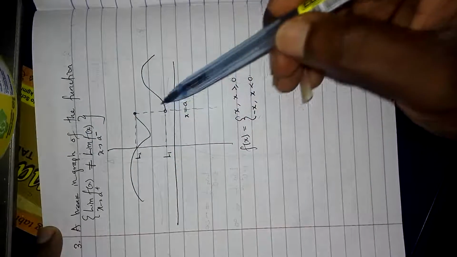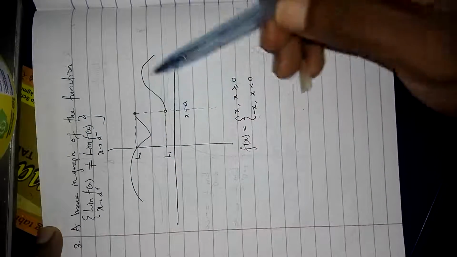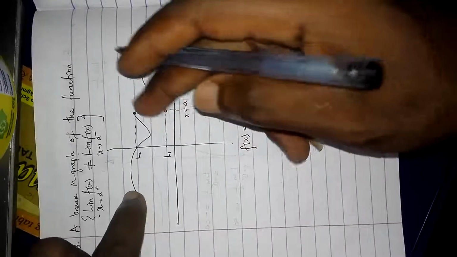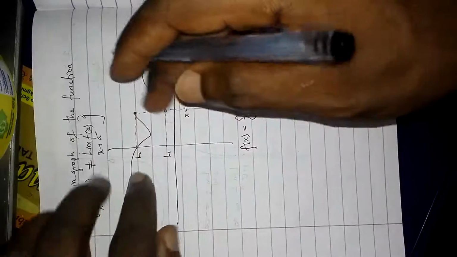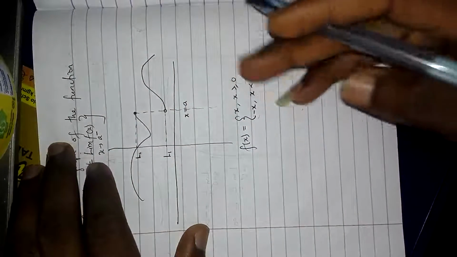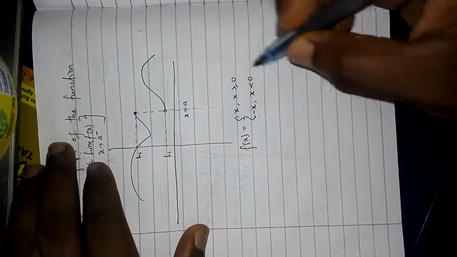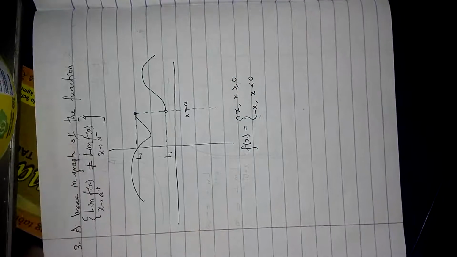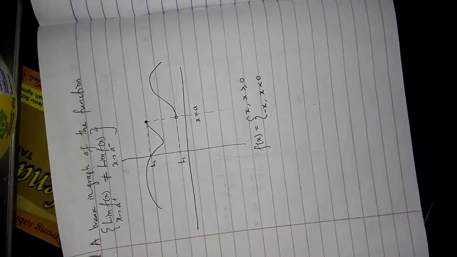What that simply means is that there is a break in the graph of that function when you plot it. So instead of going through the stress of plotting the graph before you can evaluate the limit, you can easily judge that from the definition of the function. Okay, so that is the third situation.